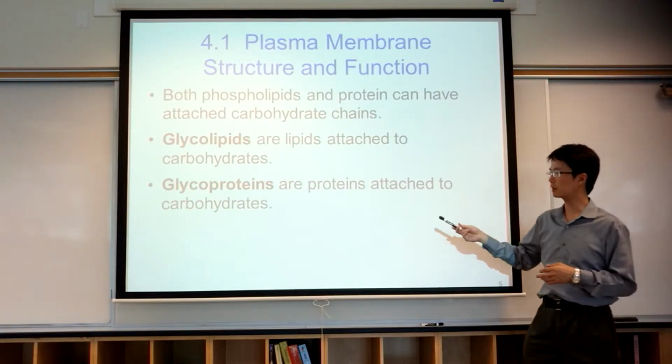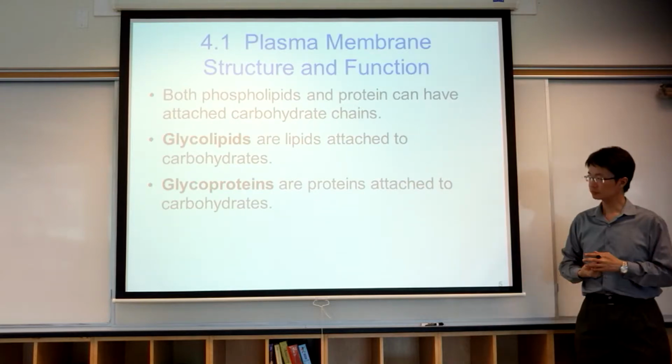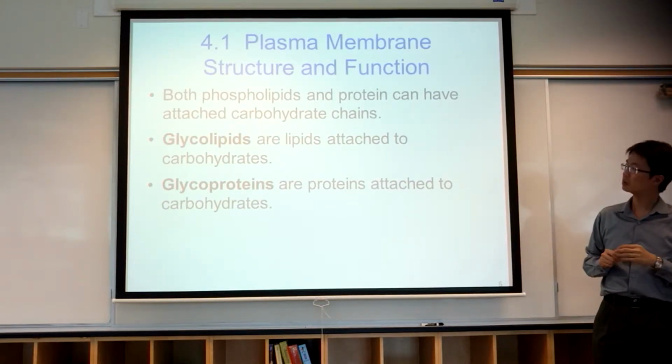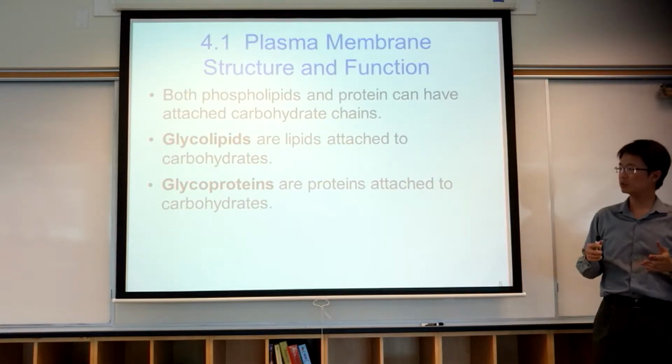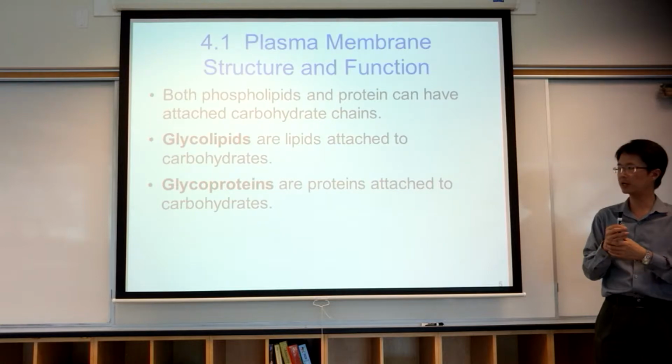And then you also have glycoprotein. Glycoprotein, as the name says, is a sugar molecule and some amino acid chain. And they can also attach to the protein. And it says carbohydrate here.